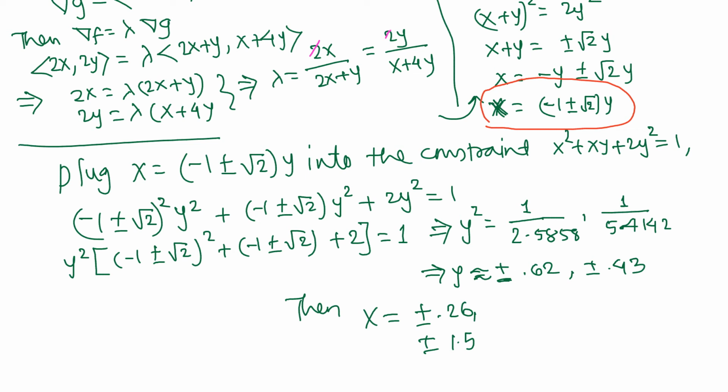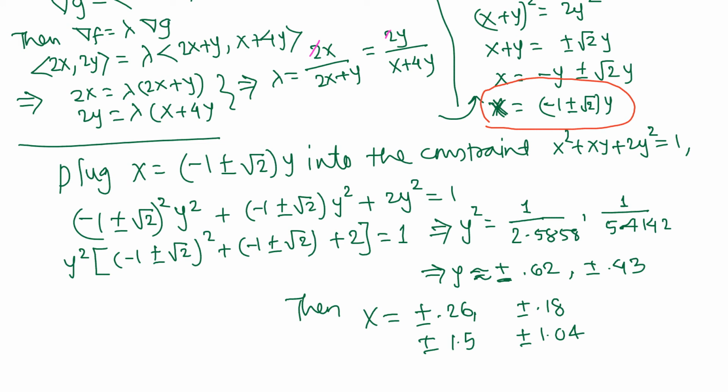Similarly, y equals plus or minus 0.43, plug in here, then we get plus or minus 0.18, and taking negative here, plus or minus 1.04. So there are plus or minus 0.26, plus or minus 0.62, plus or minus 1.5, plus or minus 0.62, and here plus or minus 0.18, 0.43. There are so many, so we need to check if all of them work.